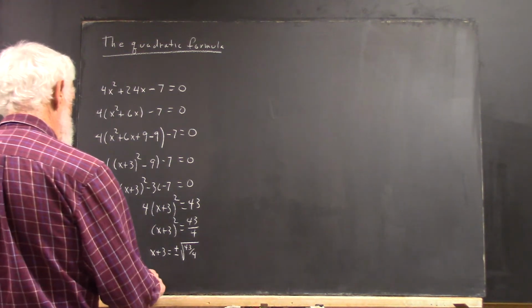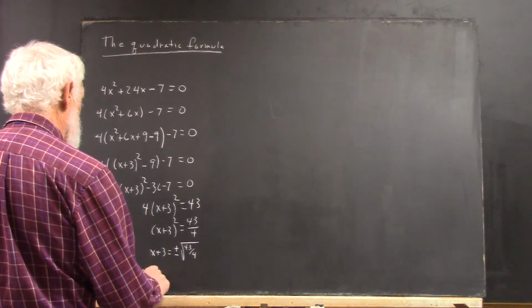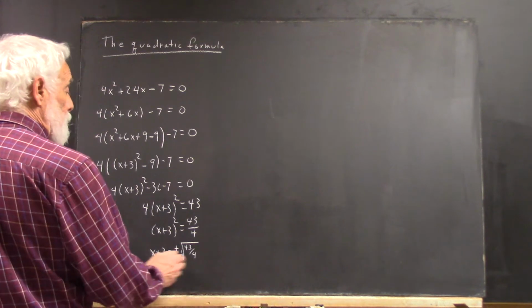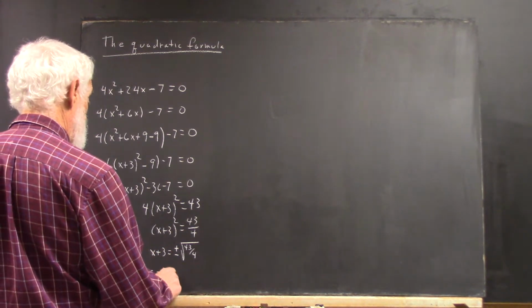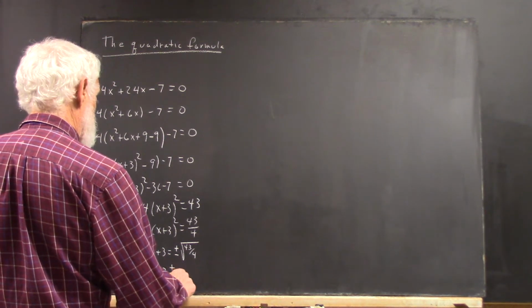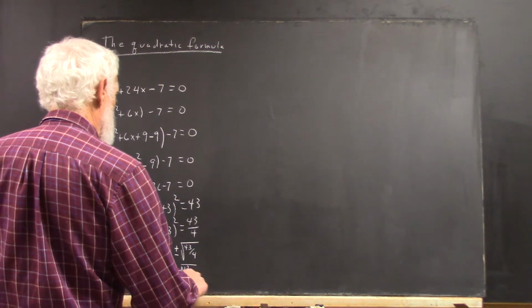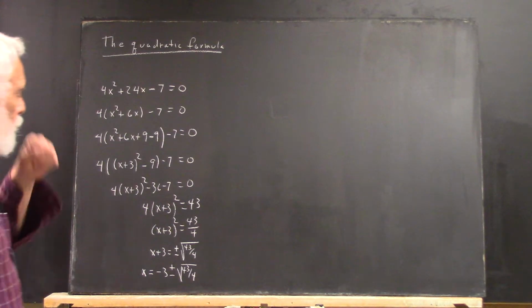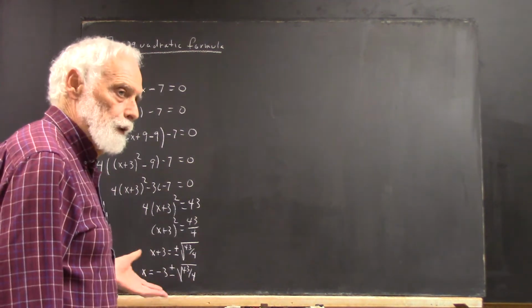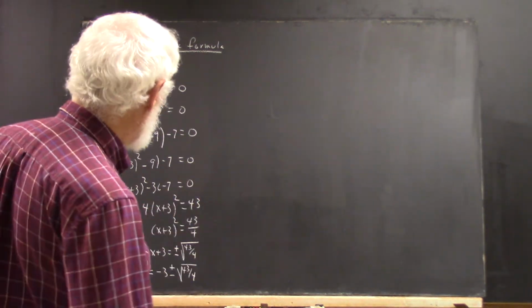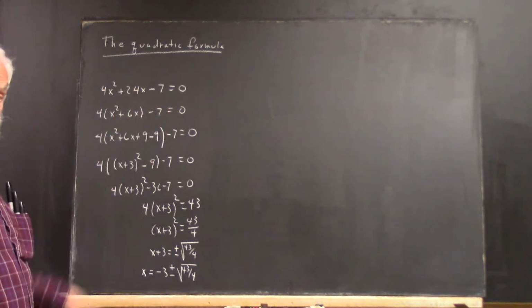So that x equals what? Subtract 3 from both sides, negative 3 plus or minus the square root of 43 over 4. Then I can do some simplification and other things depending on the exact problem, but this will always work.